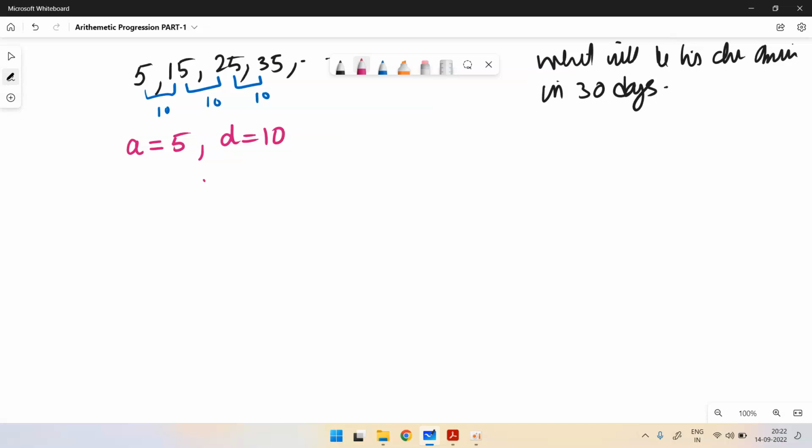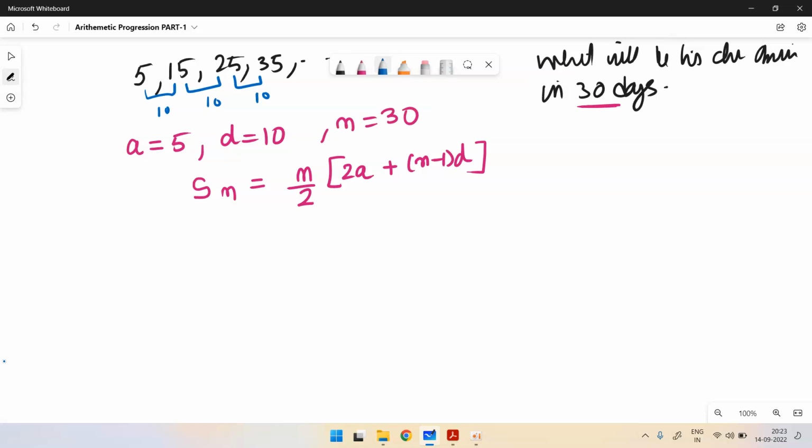Now, you need to find the total income till 30 days. So what is the sum till nth term given by? n by 2 into 2a plus n minus 1 into d. You need to find the sum for 30 days, which implies that the value of n is 30.